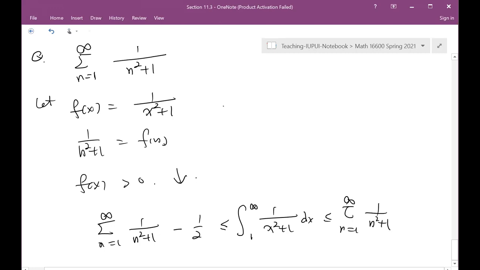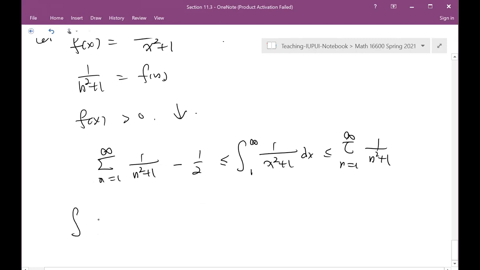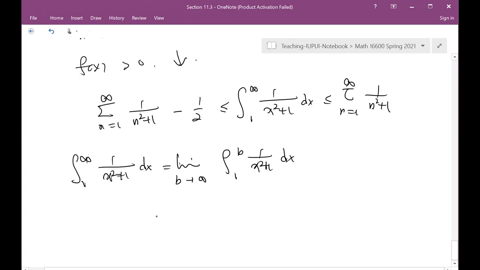So can we evaluate this integral? The answer is yes, because we can find the antiderivative of this function. More precisely, you should put it as a limit, though sometimes I skip that step. The antiderivative will be arctangent x evaluated at the two endpoints.